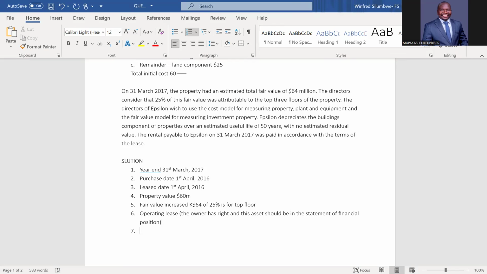The other thing is that it is capable of being sold separately. This means it qualifies to be mixed use, and both IAS 16 and IAS 40 are applicable.